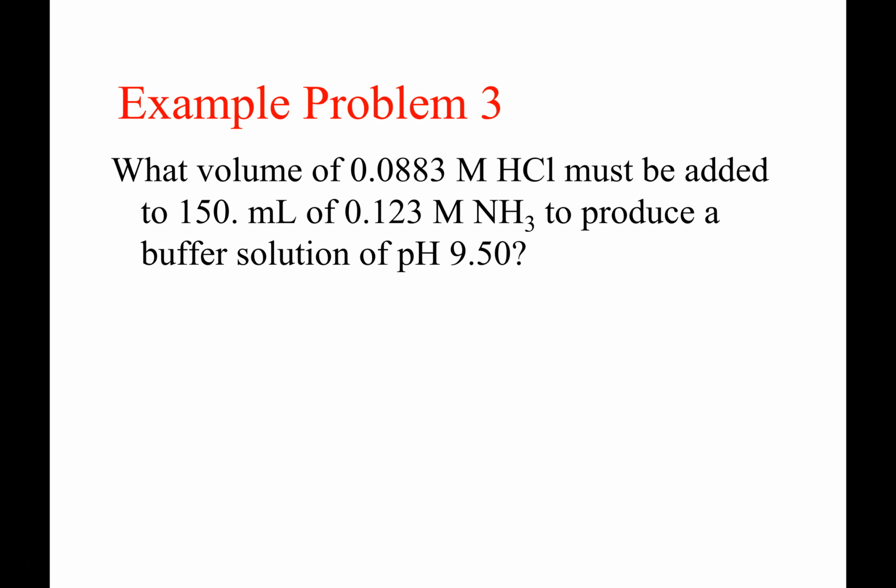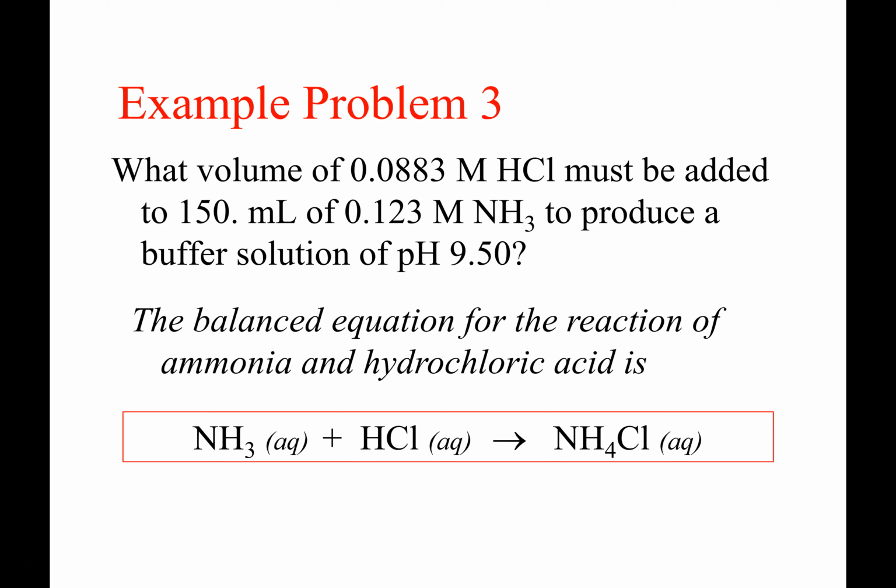Let's finish with what else it says. What volume of this strong acid do we need to drip in order to get a buffered solution that has a pH of 9.50?